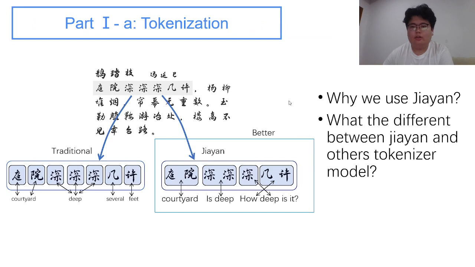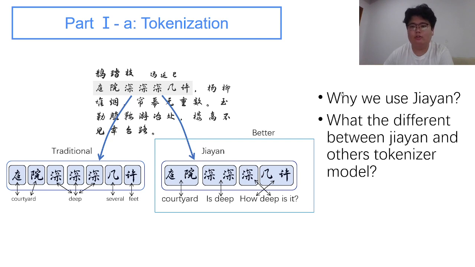English and Chinese are completely different in terms of word formation. For English, each word corresponds to one meaning or multiple meanings. Chinese, on the other hand, is a language of separate characters, sometimes one character for one meaning, sometimes two characters for one meaning, or maybe four characters for one meaning.